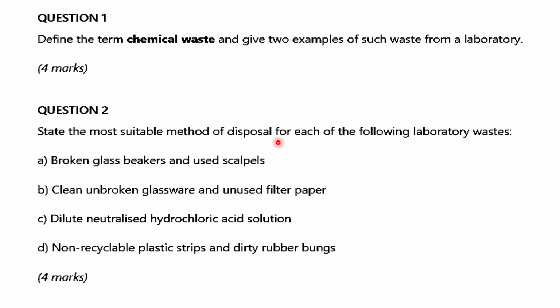State the most suitable method of disposal for each of the following laboratory wastes: broken glass beakers and used scalpels, clean broken glassware and unused filter paper, distilled neutralized hydrochloric acid solution, and non-recyclable plastic strips and dirty rubber bands. So one of the methods can apply to each of these cases.